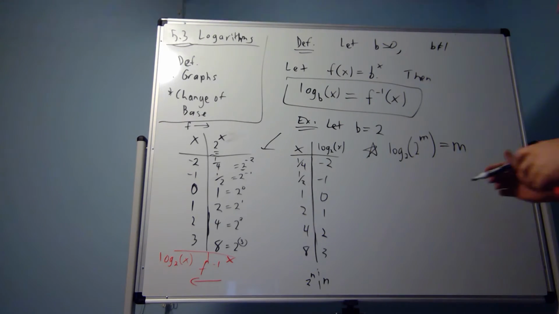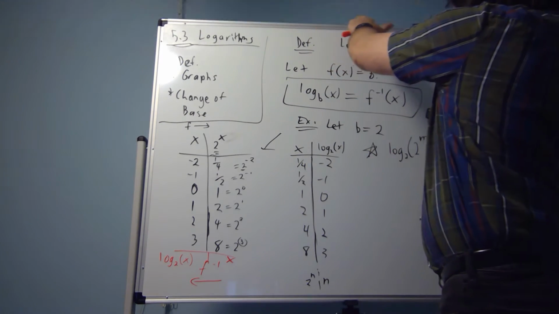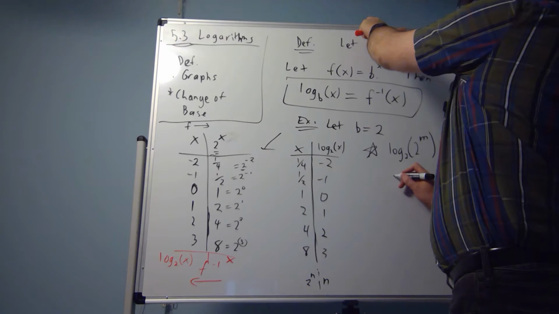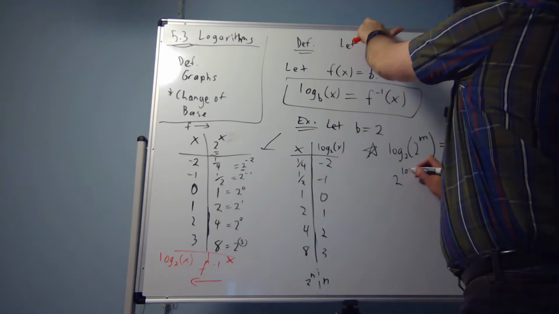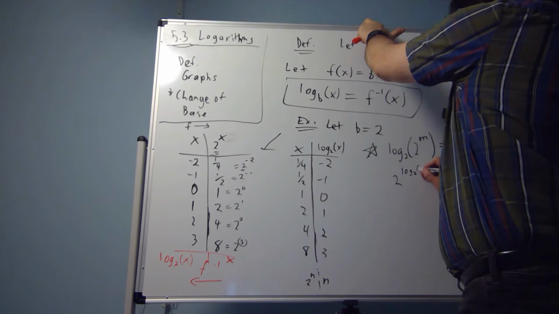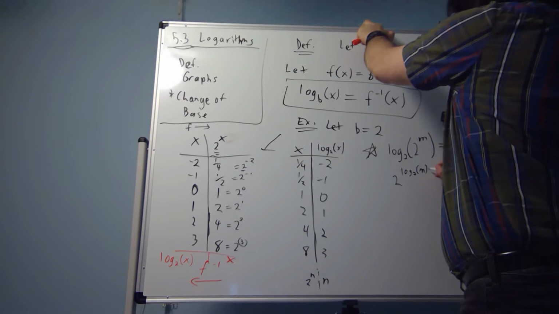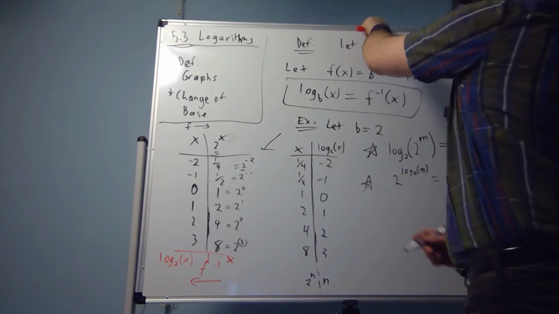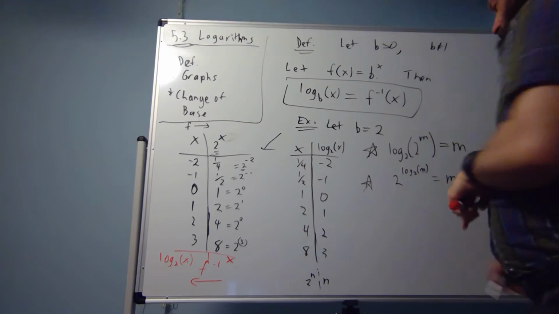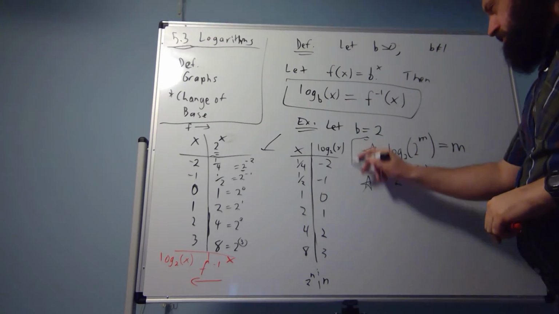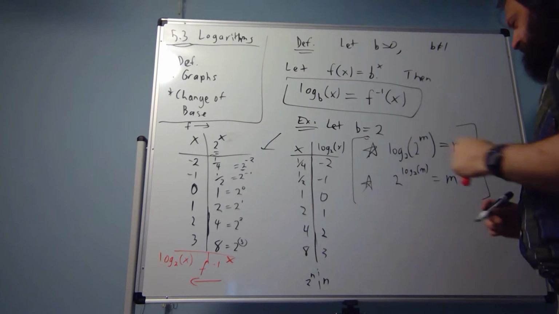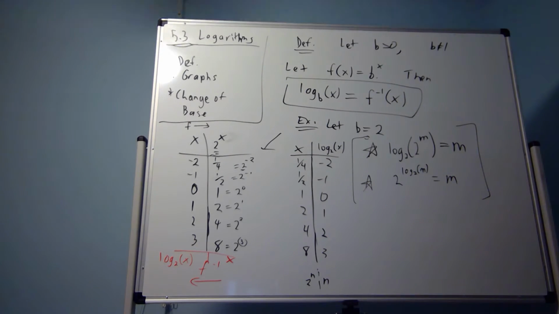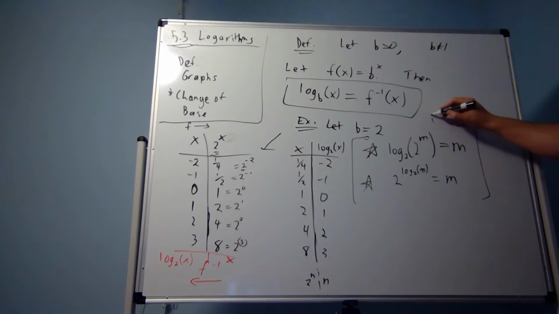Another one, you don't see this one quite as often, but this one is also true. These are kind of like which function you put on the outside and which function you put on the inside. Well, the function and its inverse cancel each other. Those are the two inverse properties.